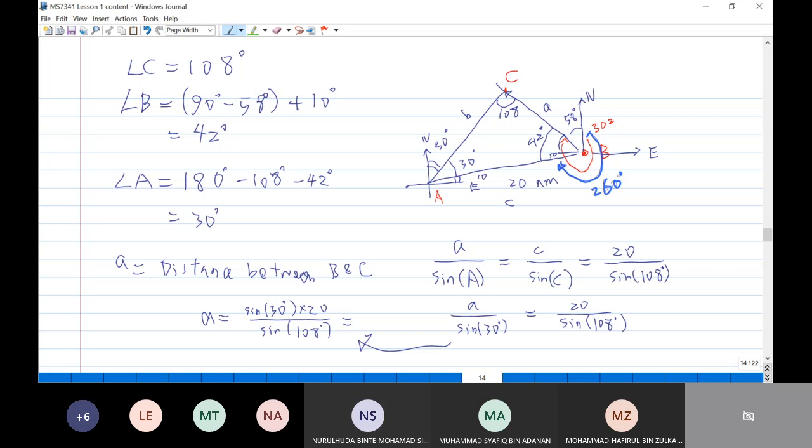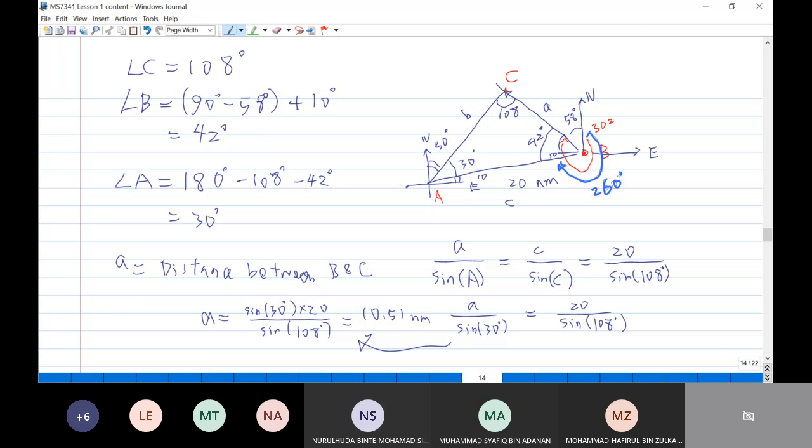So let's see what this is. You get 10.51 nautical miles, because our unit is nautical mile. So A is 10.51 nautical miles.